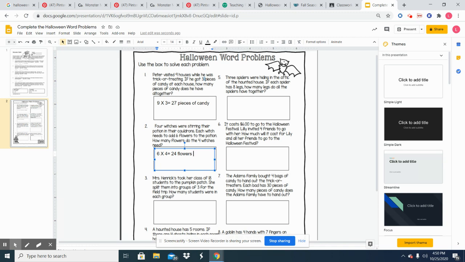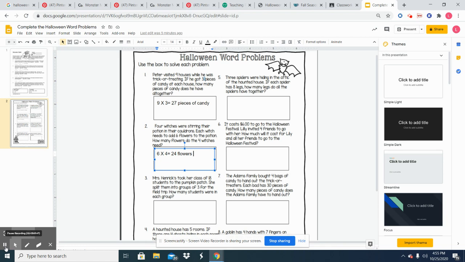So, if we look at our last question, it says each bag has 30 pieces of candy. And how many bags were there? There's 4 bags. How many pieces of candy does the Adams family have to hand out? I had to think about that for a second, but it is asking you altogether.